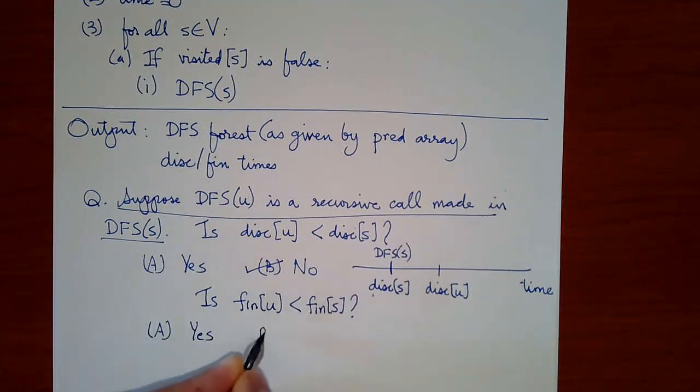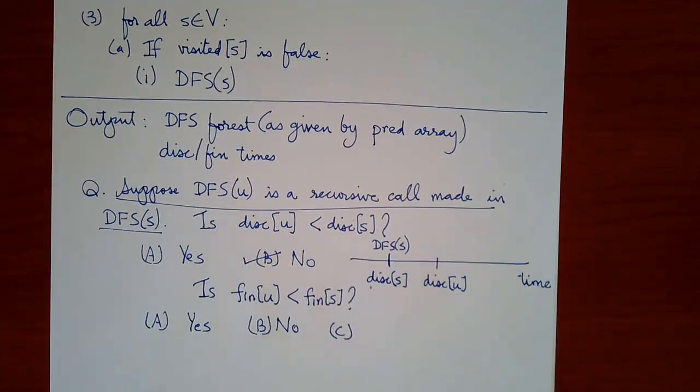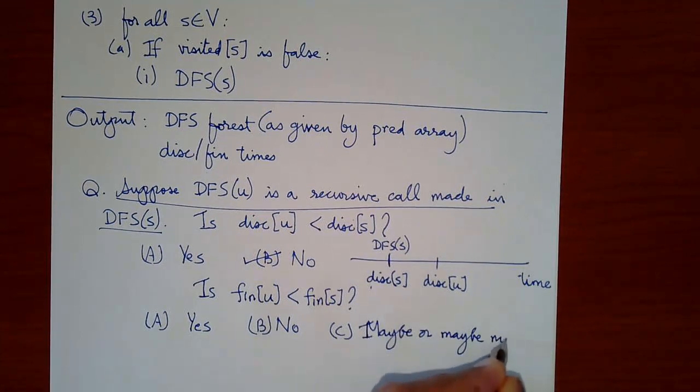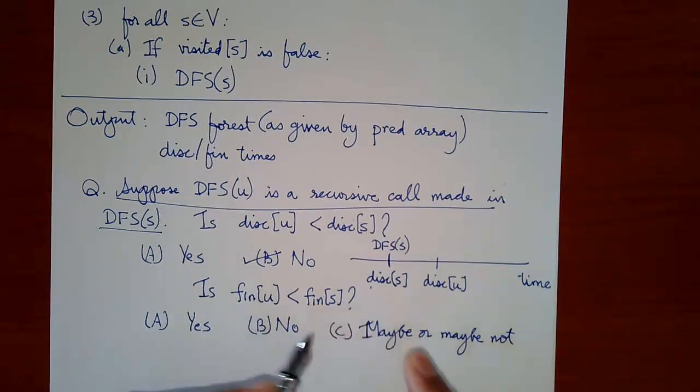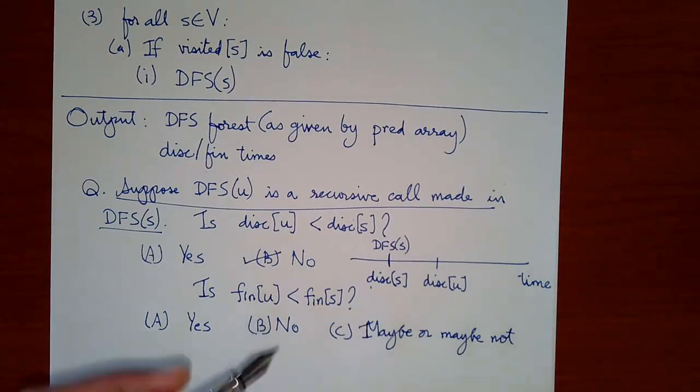A is yes, B is no, and C is maybe, or maybe not. What I mean by C is that this may happen or it might not happen. So it could be the case, or it might not be the case.